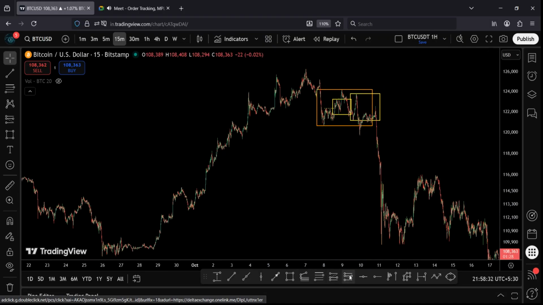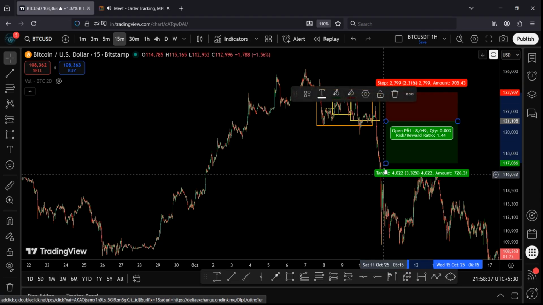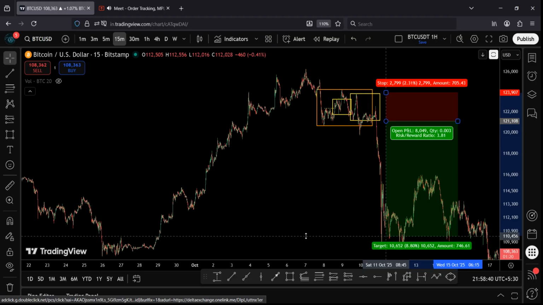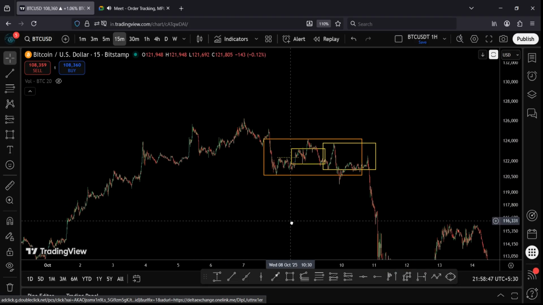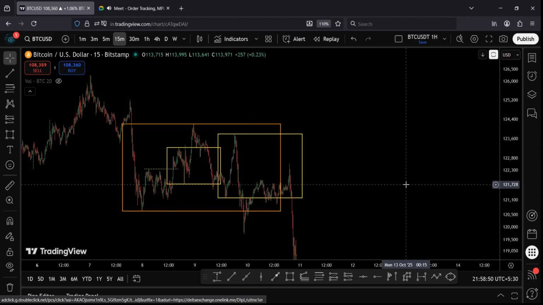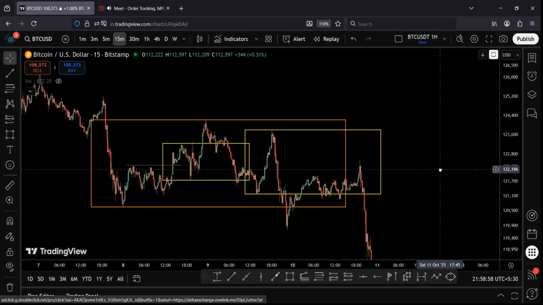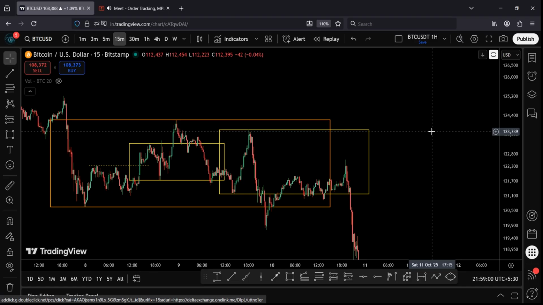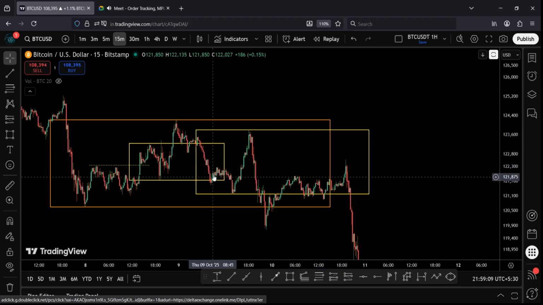So if we trade this box, entry here, stop loss here, and target here, this is just a 1:3 risk reward trade. But what we can do, using the order transfer again for a lower time frame, here it was a minor FTR, right?